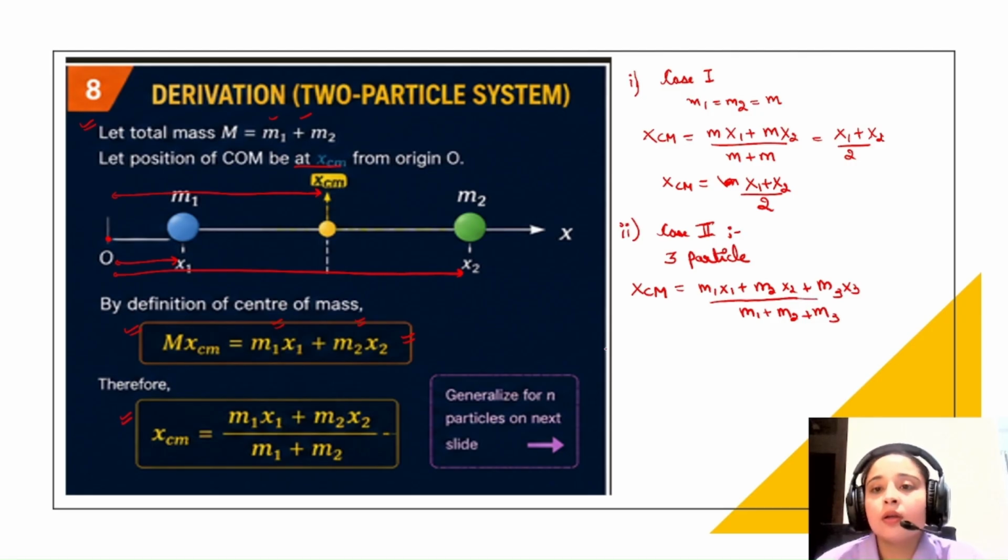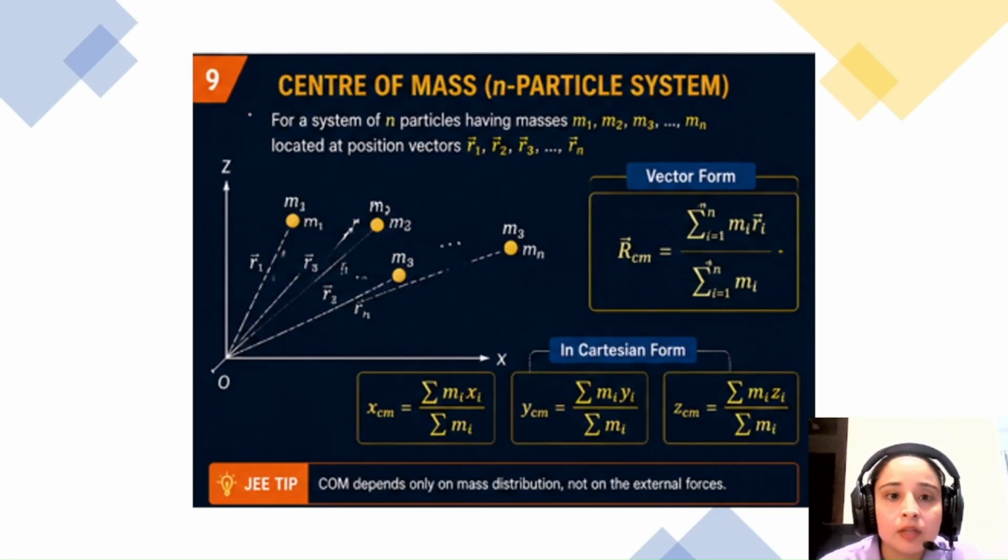And I want to discuss one more case. Let's say you have n particles, then what will be the case? For a system of n particles having masses m1, m2, m3 and so on, at position vectors r1 vector, r2 vector, r3 vector, and rn vector, what will be the scenario? Let's say this is m1 mass.